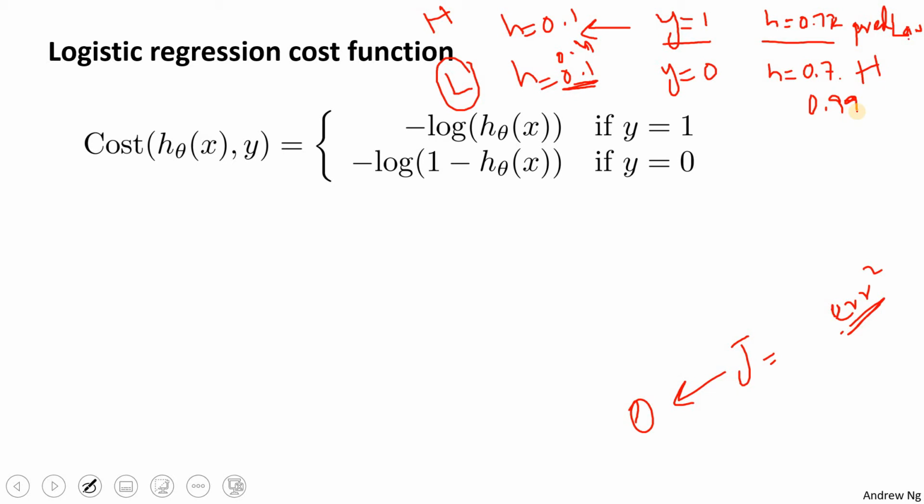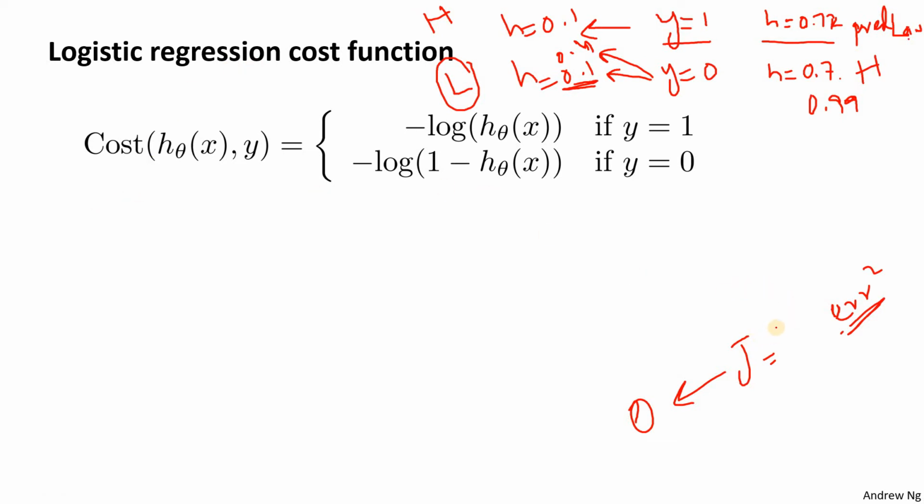Whereas if the actual value of y is 0 and I predict 0.1, I will have almost minimum cost. But if y is 0 and I predict 0.4, my answer is still correct, but because I am not sure about my answer, I will get some cost, some disadvantage. Is it clear? This is a very important concept, and how we implement it in terms of one formula.